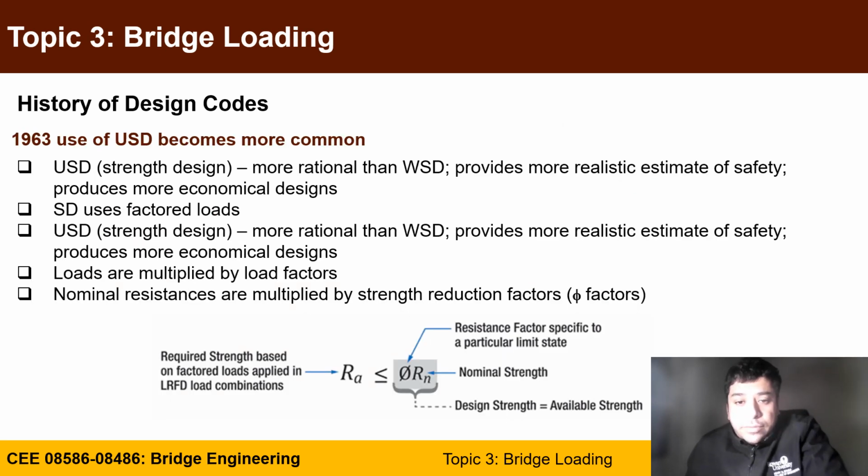LRFD, which started this approach in 1963, is more rational than working loads, provides more realistic assumptions on safety, and produces economical design. I mean that we need to consider variation.